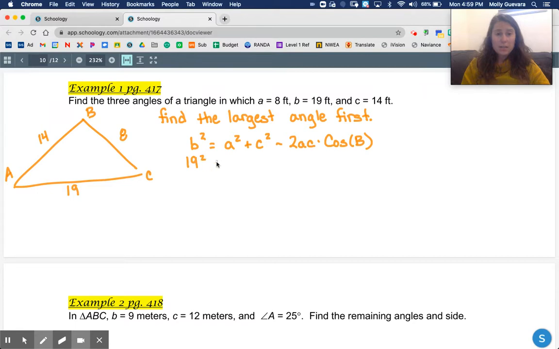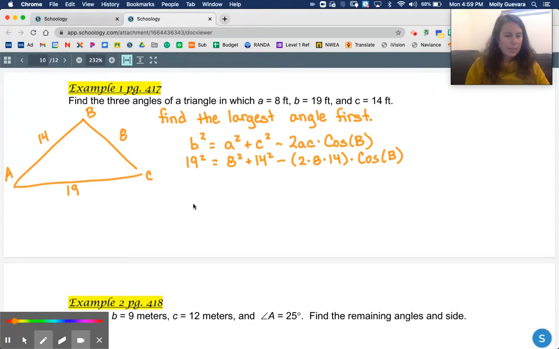So 19 squared is equal to 8 squared plus 14 squared minus, I like to do this in parentheses, 2 times 8 times 14 times cosine of B.